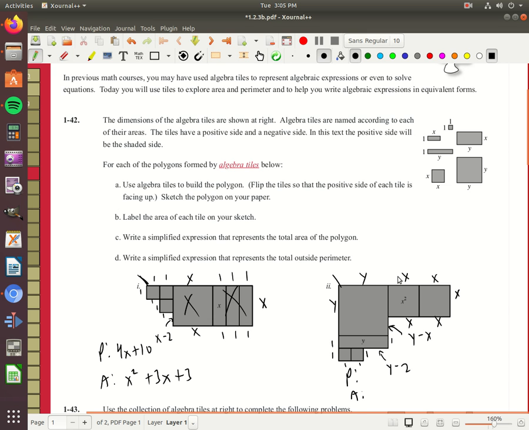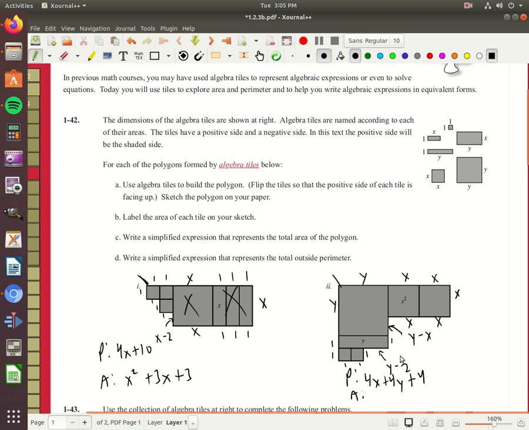So what's my perimeter? I'll go with x first. So 1, 2, 3, 4, 5 x's minus 1x, so I get 4x. My y's, I have 1y, 2y's, 3y's, 4y's. My 1's, 1 minus 2 is negative 1, so I'm back to 0. 1, 2, 3, 4.